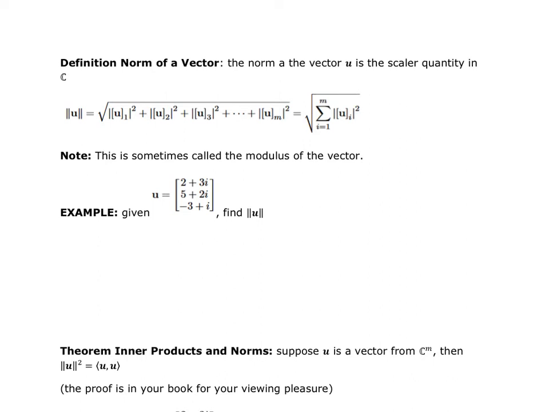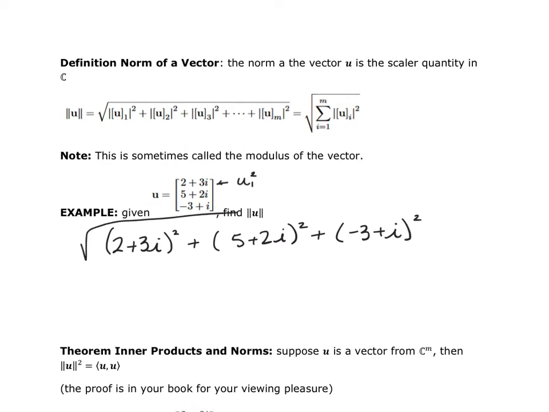So I'm going to first find each individual entry and square it. So I'm going to do 2 plus 3i squared, plus 5 plus 2i squared, plus negative 3 plus i squared, and then I'm going to take the square root of that answer.